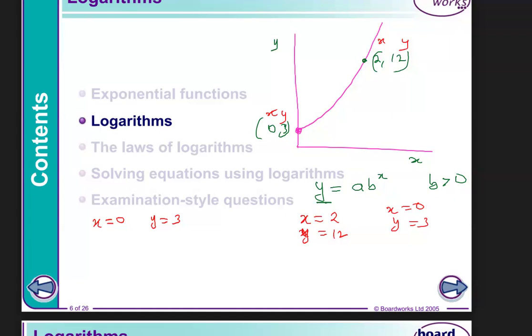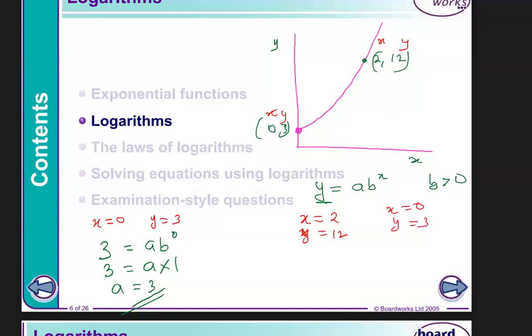Anywhere you see y, you put 3, and anywhere you see x, you put 0, so 3 equals a times b to the power of 0. In indices, anything raised to the power of 0 is 1. So 3 equals a times 1, and a equals 3. That's the answer.